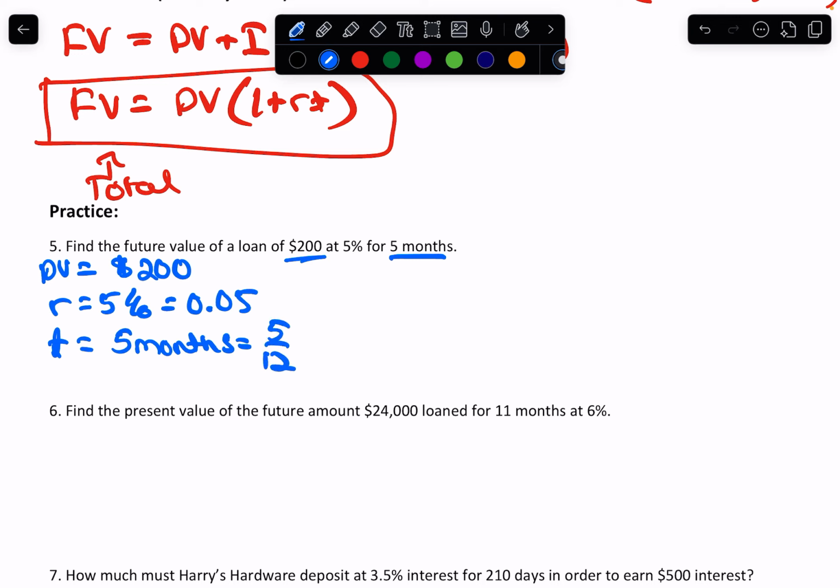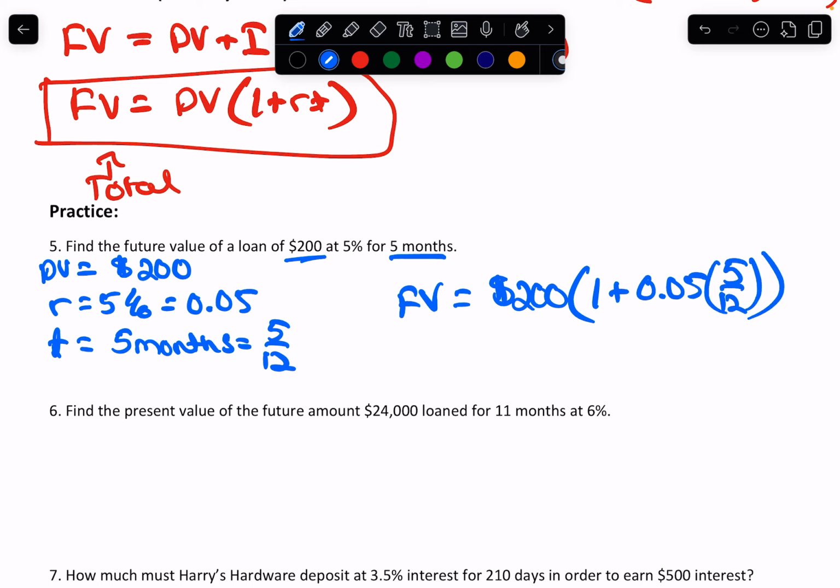Okay, so future value is going to be the present value $200, parentheses 1 plus 0.05 times the time, which is 5 over 12. Plug this in the calculator and we get $204.17.